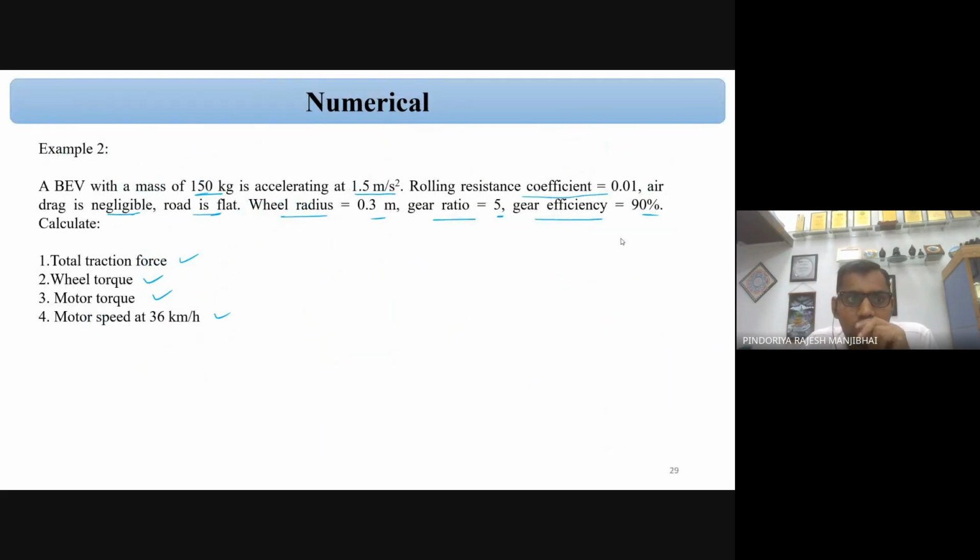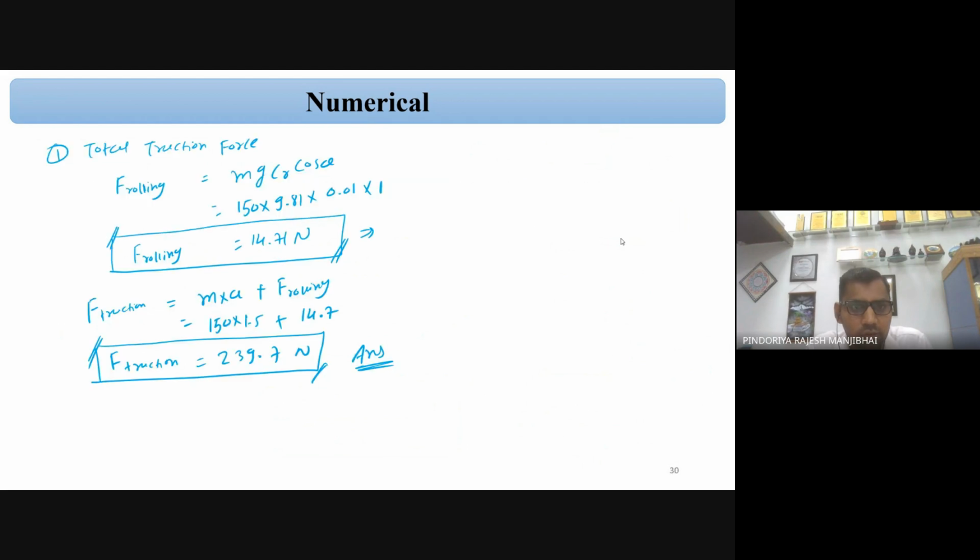So in this numerical, we have to calculate the traction force, wheel speed, wheel torque, and motor speed at 36 kilometer per hour. First we have to calculate the total traction force, that is mg cos theta, and cos theta is for a flat road. Then friction torque, that is ma plus rolling force, correct? So that is your final traction force.